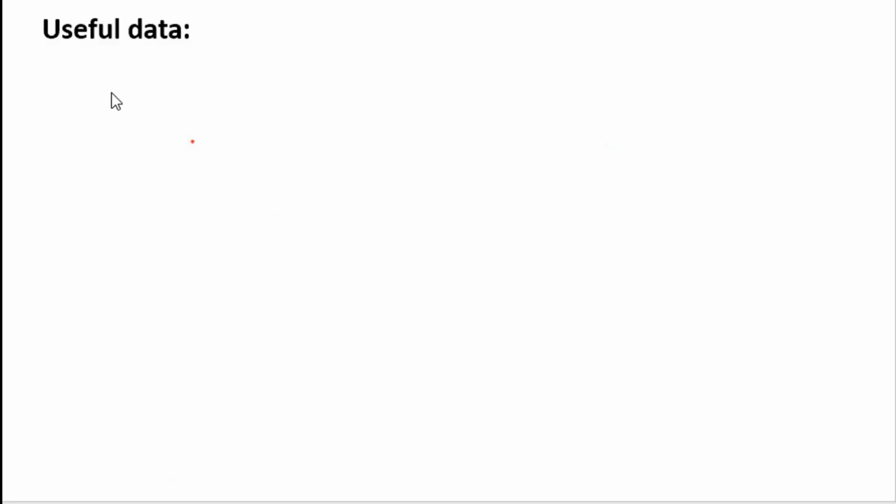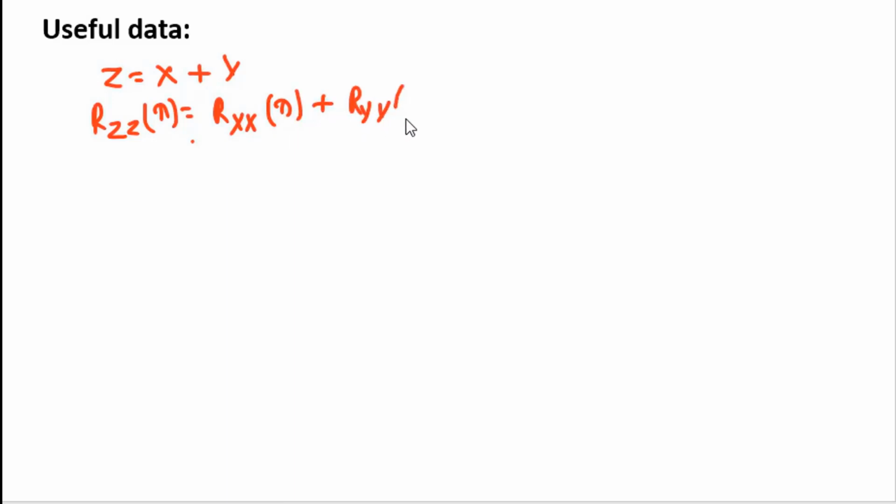The useful data for this question is that if we have a random variable z equal to x plus y, then you can write the autocorrelation function R zz of tau equals R xx of tau plus R yy of tau plus R xy of tau plus R yx of tau.